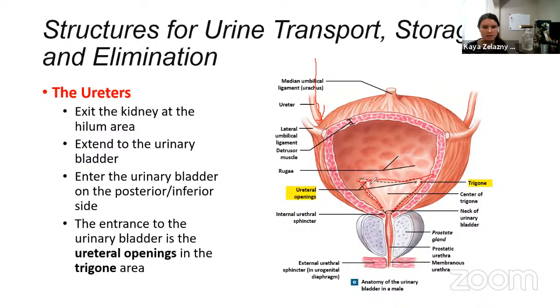So they form a triangle, one opening on one side, one opening on the other side, and then leading eventually into the urethra. Here we see the urethra. This is a male. We're going through the prostate gland. We'll take a look at the difference between the bladder in males and females in a second. So ureters are going to our bladder, specifically the trigone area, which is at the back.